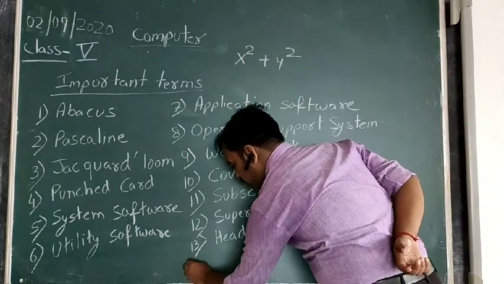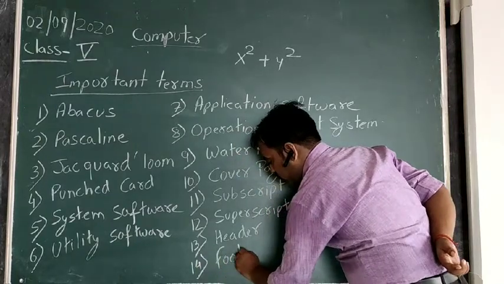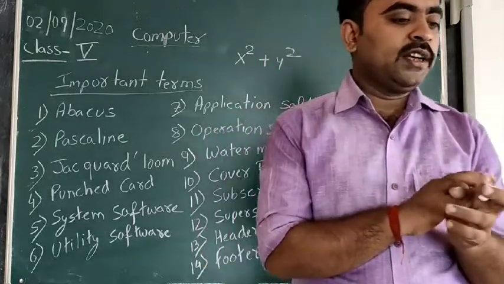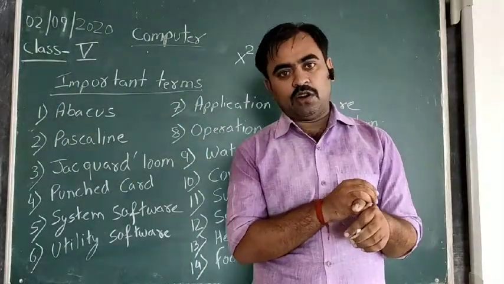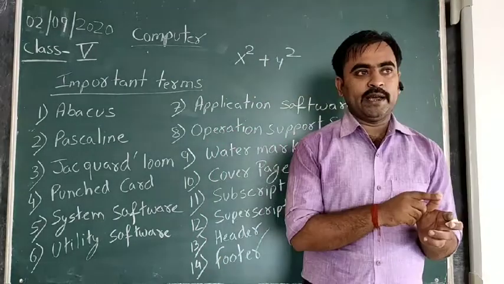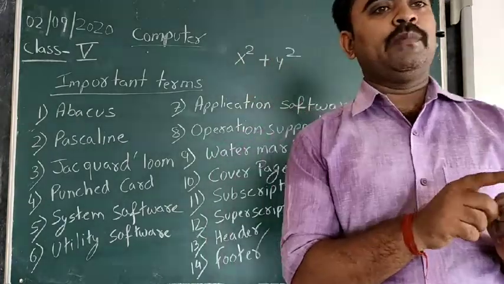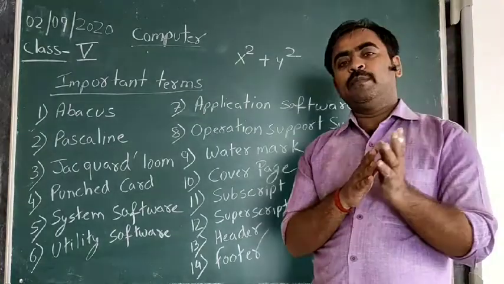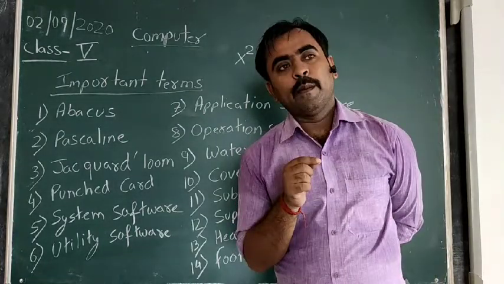Whereas the next one is the footer, which is the bottom margin area of a document, and which is generally used to display the date and time when the document is prepared, or the page numbers of a document. And if you insert the header and footer, it will be continually displayed on each and every page of a document.